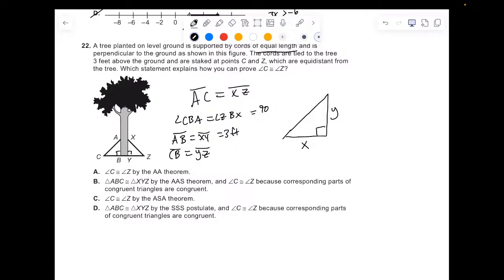You can figure out the hypotenuse using the Pythagorean theorem, and then you have 3 sides. So do we have a side? We do. All right, let's look at D for a second. The side postulate, and angle C is approximately equal to angle Z because corresponding parts of congruent triangles are congruent. That sounds correct. Whoops.